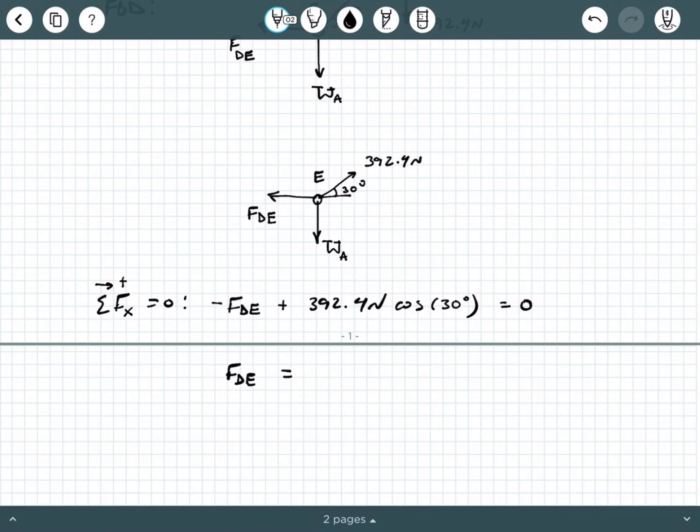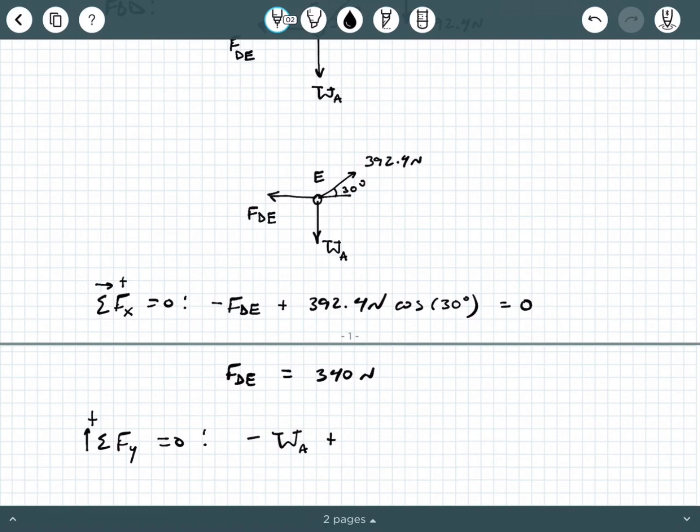That's everything with an x component. So doing a little bit of rearranging, we can get FDE as 392.4 times cosine of 30 degrees, and I get 340 newtons as FDE.